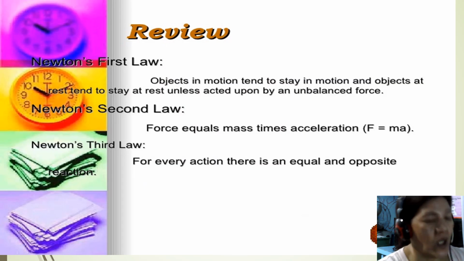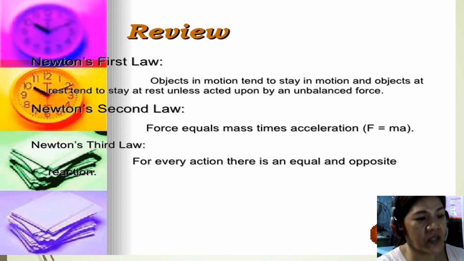So class, I hope everything is clear for the three laws of motion. And I'm sure you can differentiate and explain the difference between these three laws of motion, or you can simply describe the law of inertia, the law of acceleration and the law of interaction. And of course, how would you apply this in real life situations?